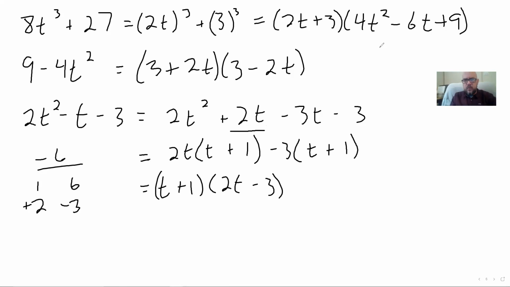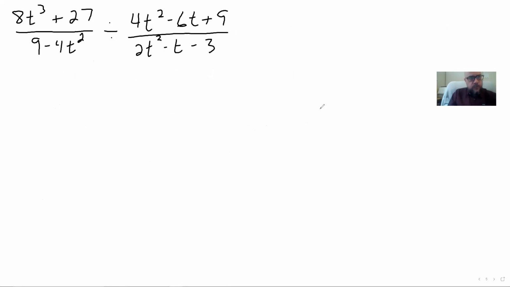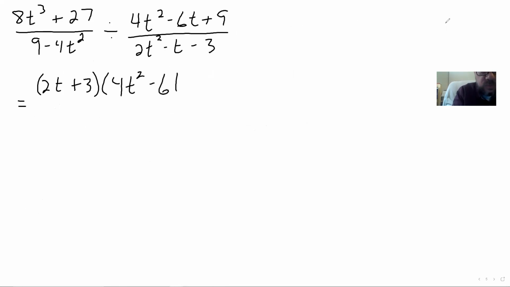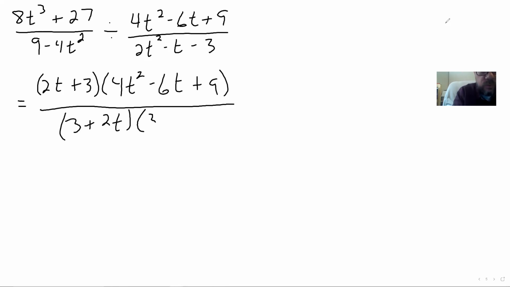Okay, so let's go replace everything. All right, so I know that this is going to be 2t plus 3 times 4t squared minus 6t plus 9 over 3 plus 2t times 3 minus 2t.